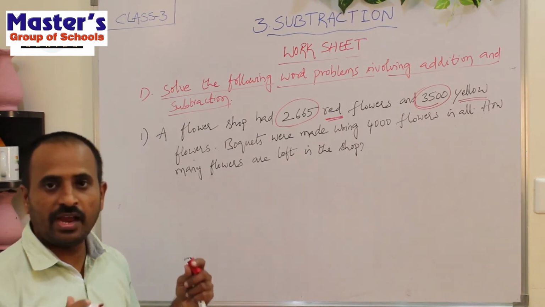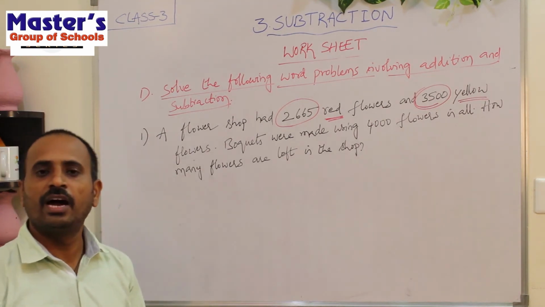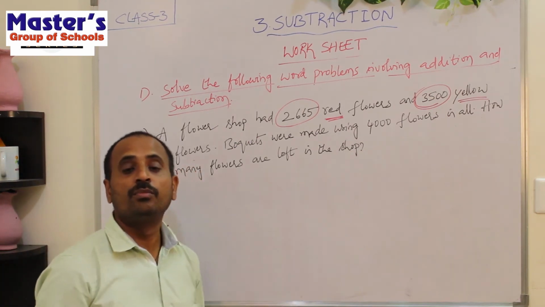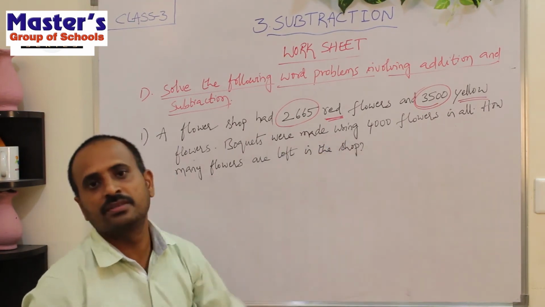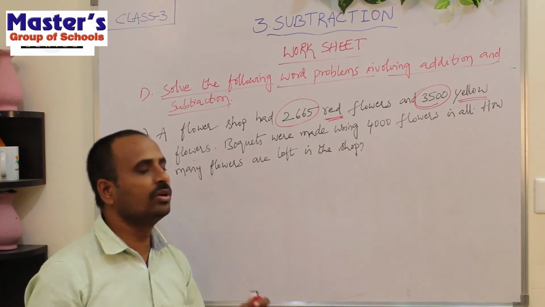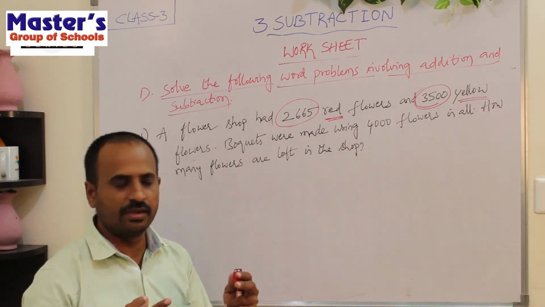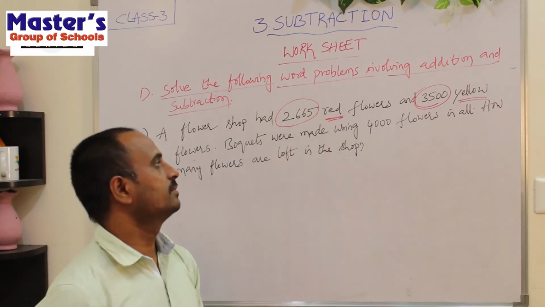So we have to add these red and yellow flowers first, because bouquets were made using all the flowers. That means while making bouquets, they have used both red and yellow flowers. So that's why we have to add red and yellow flowers first.